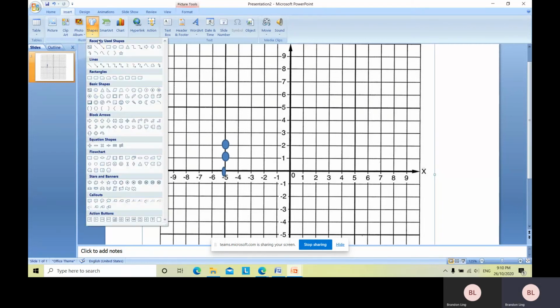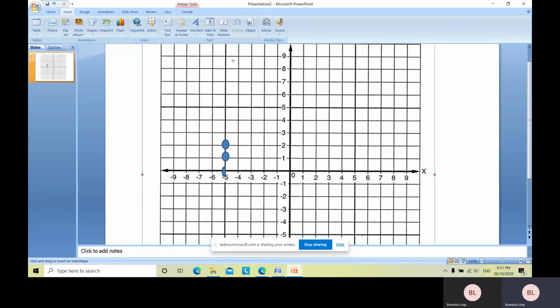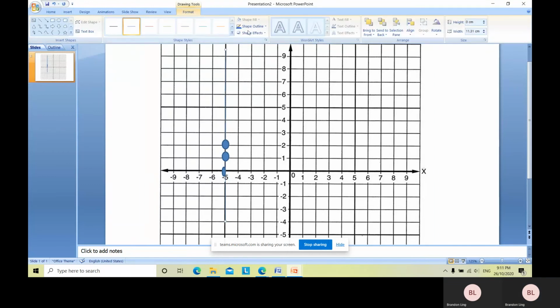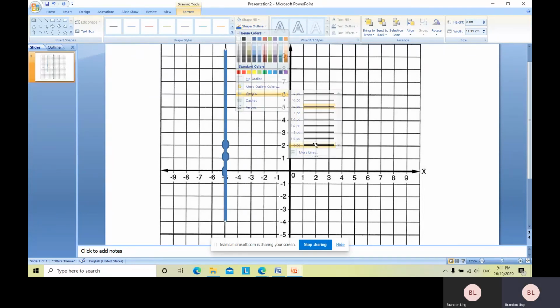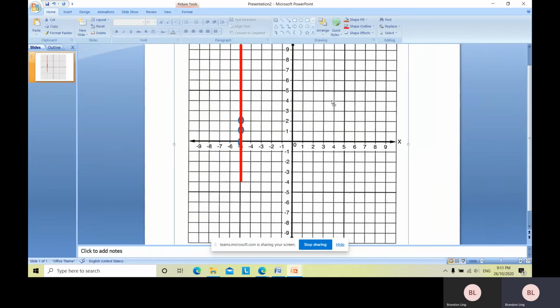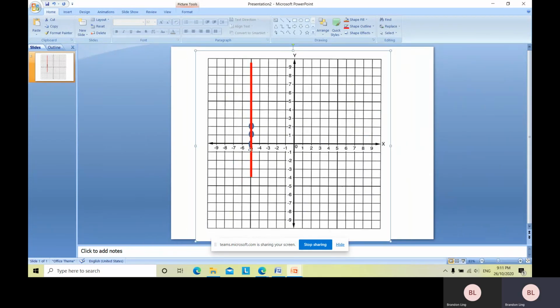And therefore, you can draw a straight line along x equals -5. So this will be your graph for x equals -5.